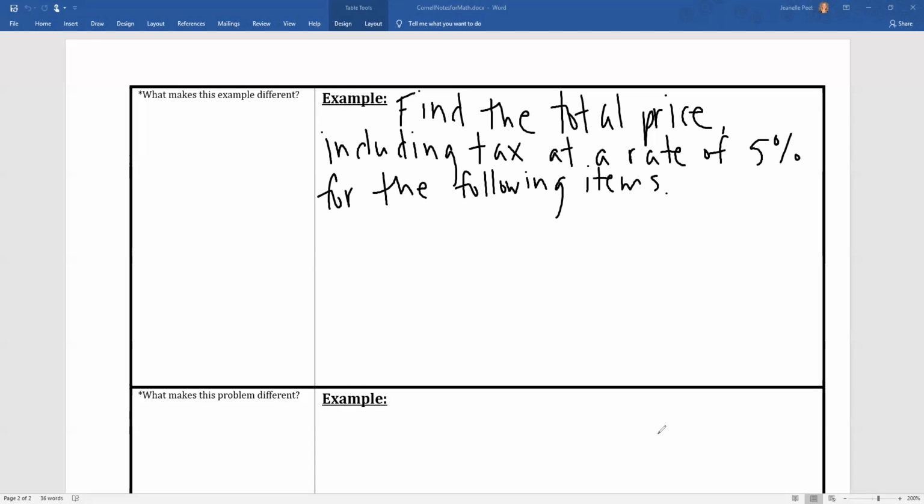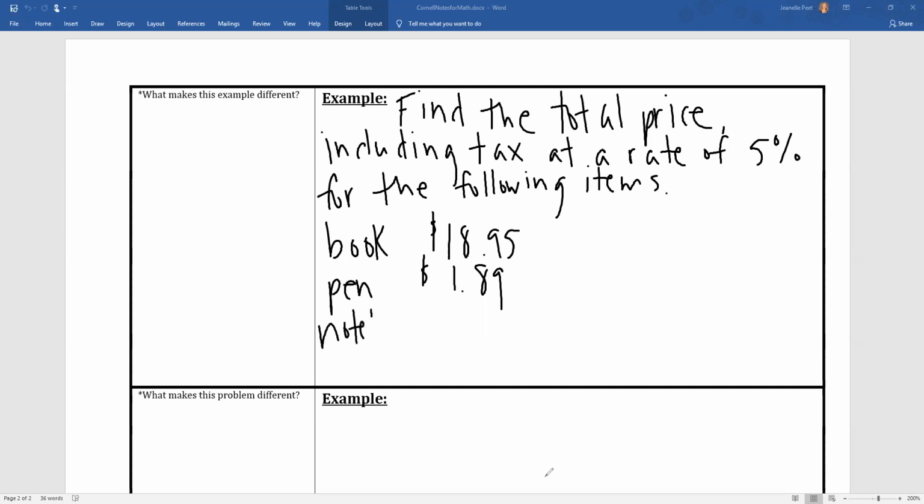So I bought a book for $18.95. I bought a pen for $1.89. I bought a notebook for $2.29.